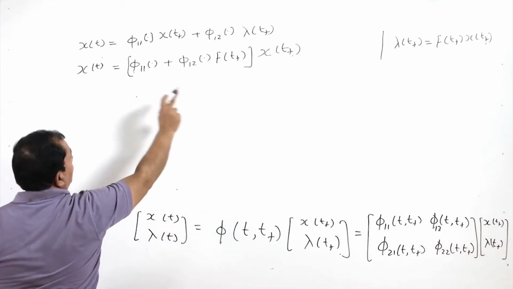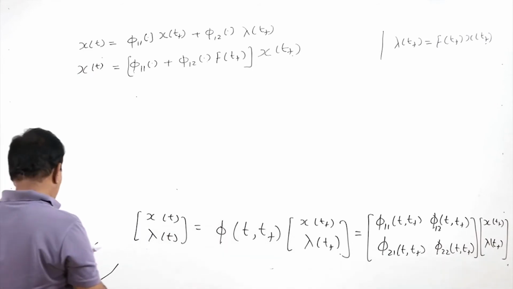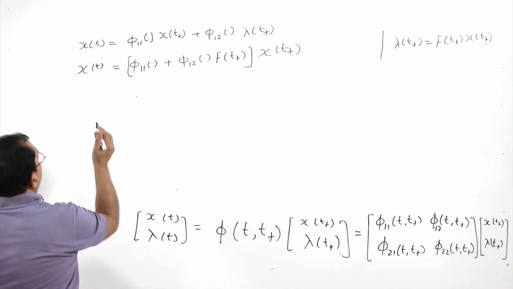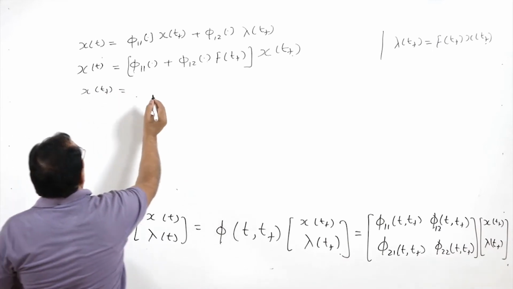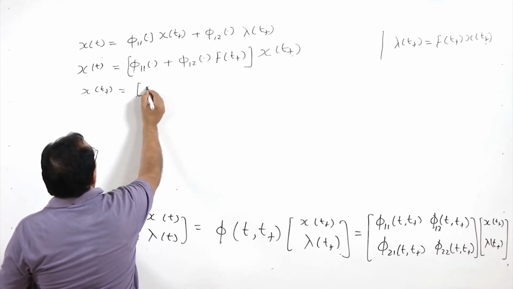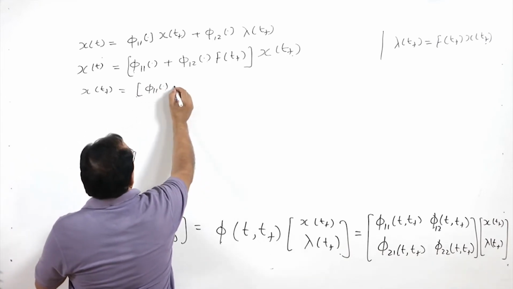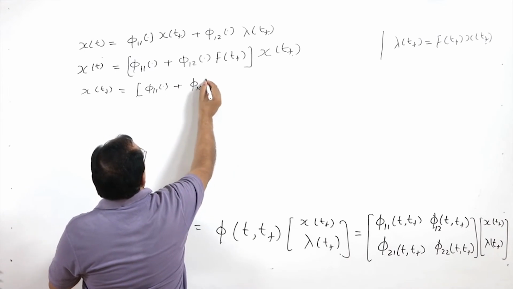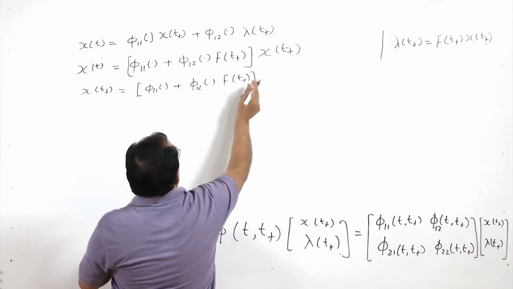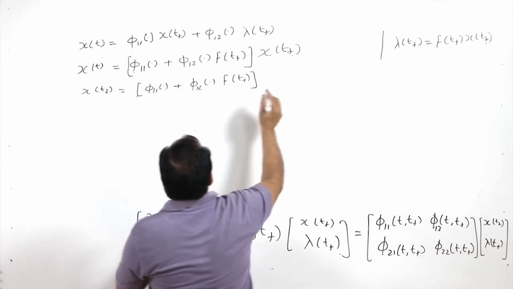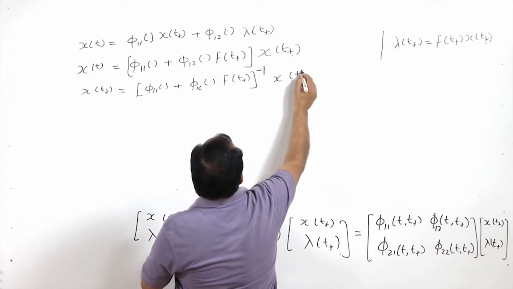x(t) in this form in terms of the x of t_f. And this x of t_f I can write as nothing but phi 11 plus phi 12 f of t_f, inverse, x of t.